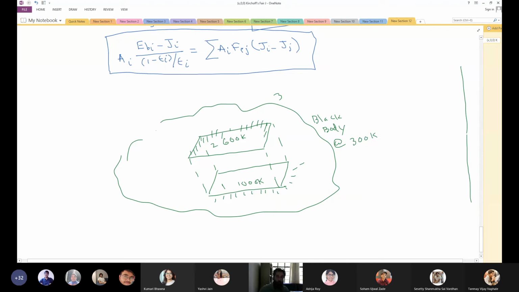So now what do we have to obtain? Net rate of heat transfer to the absorber surface. To which surface? Q2, right? In terms of symbol, we have to obtain Q2.